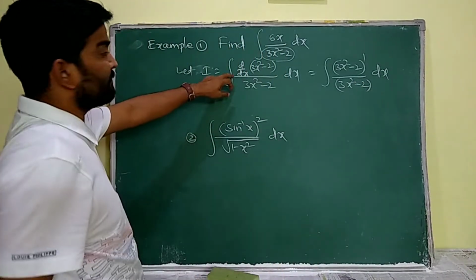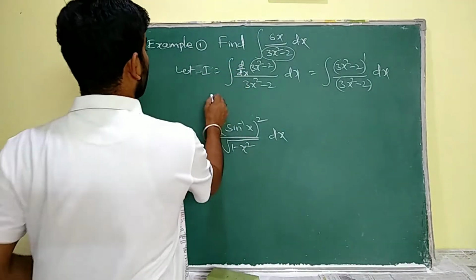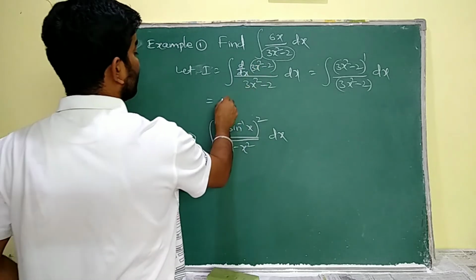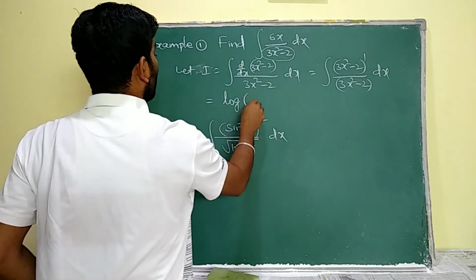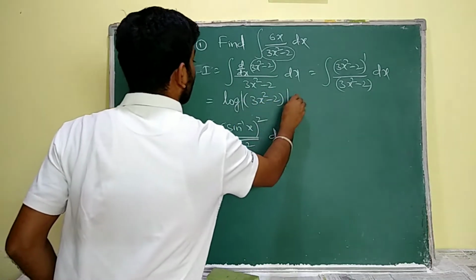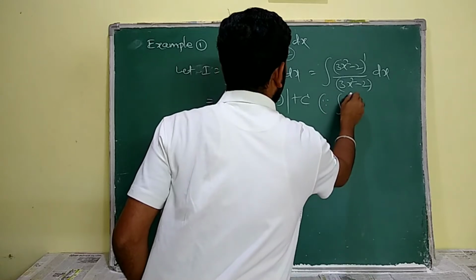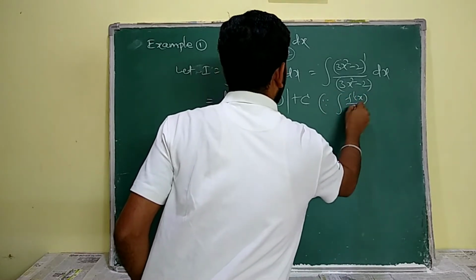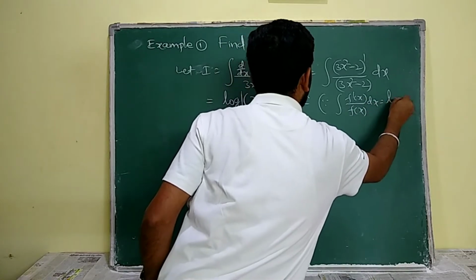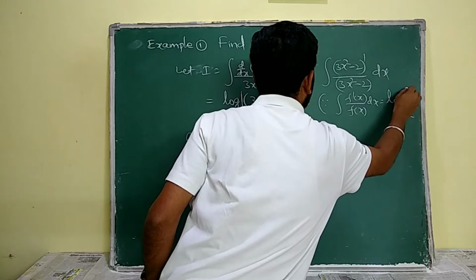Or you may write directly from this. It is like f dash x by f of x. Its value is going to be log of 3x square minus 2 plus c. If you want to write the formula, write integral f dash x by f of x dx is equal to log of f of x plus c.